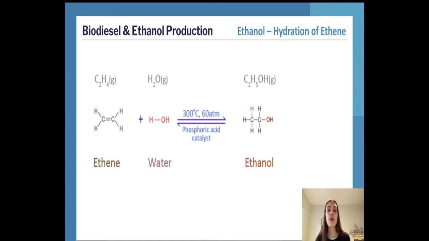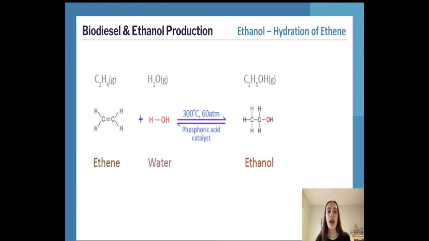This is a reversible reaction, so we can apply Le Chatelier's principle to this concept, and we can also remove ethanol from the system in order to increase the reaction. When the gases from the reactor are cooled, the excess steam gets condensed with the ethanol, and then the ethanol gets separated from the water through distillation to create pure ethanol.